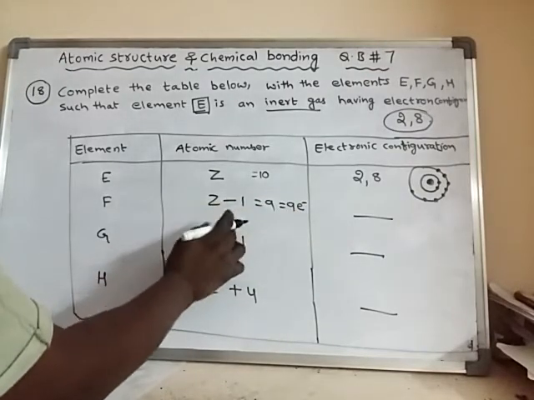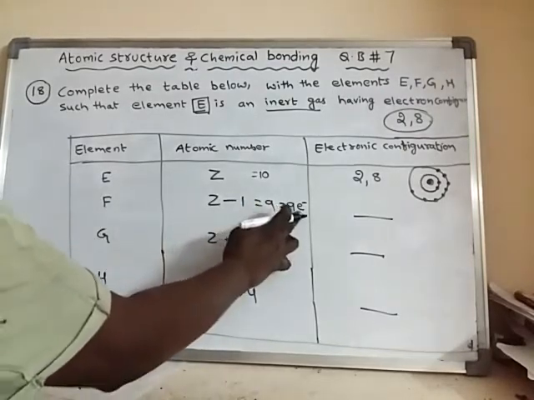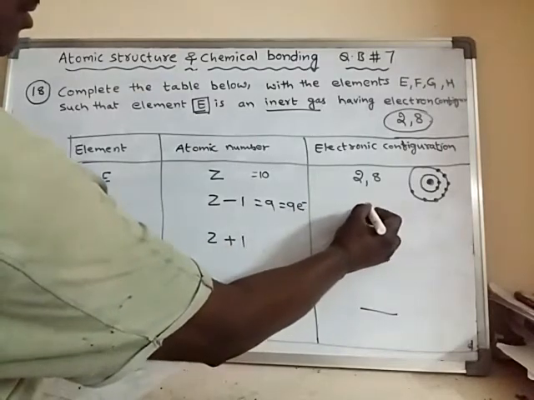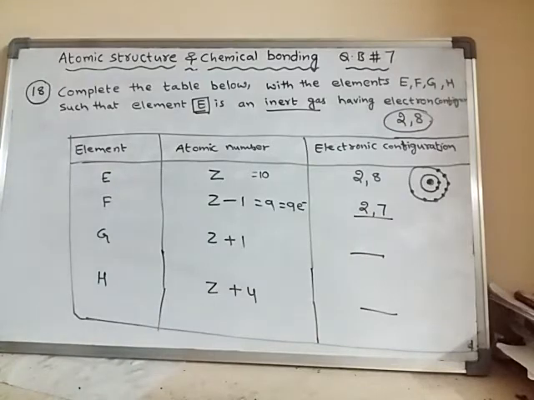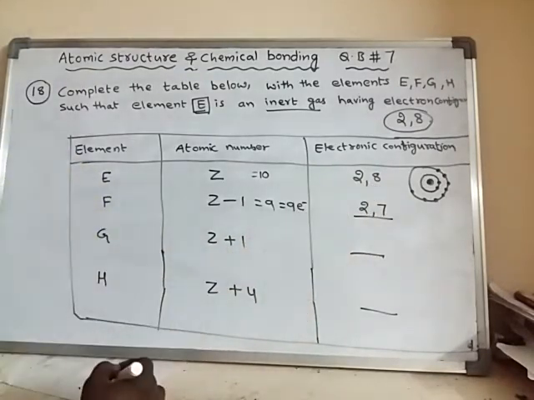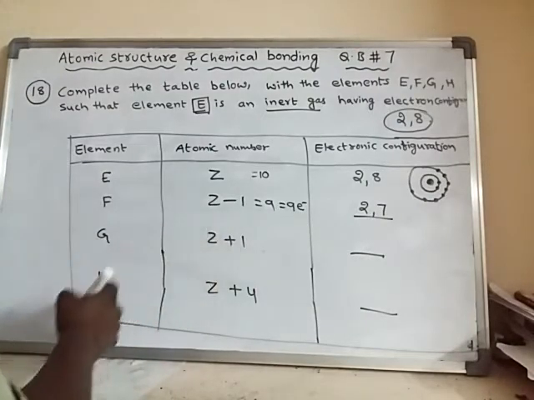Z minus 1 means 10 minus 1, it will be equal to 9. So 9 electrons are present. Hence 9 electrons means 2, 7. So that means in the outermost orbit, 1 electron is removed from the outermost orbit. So here 1 electron should be added.